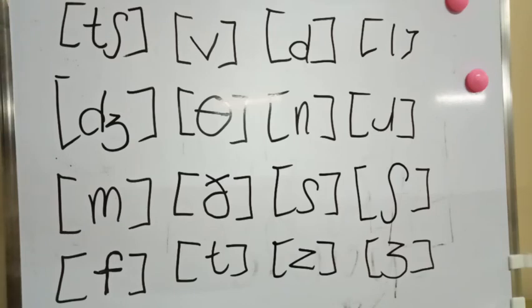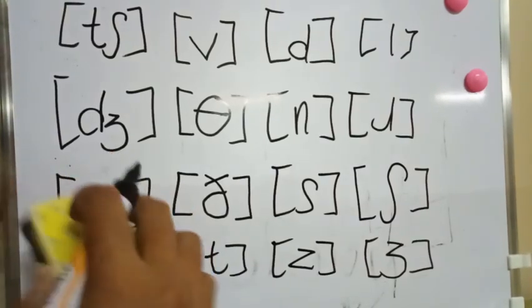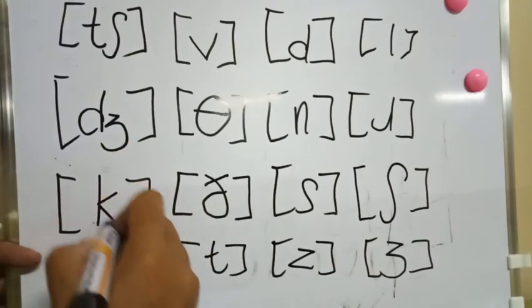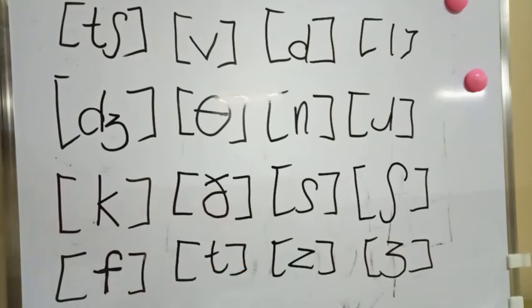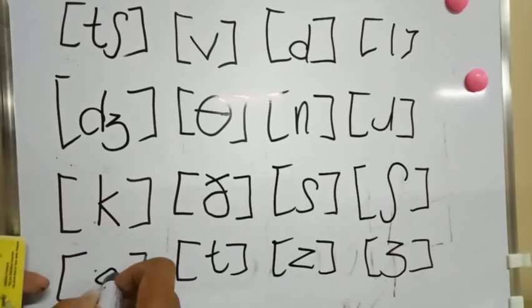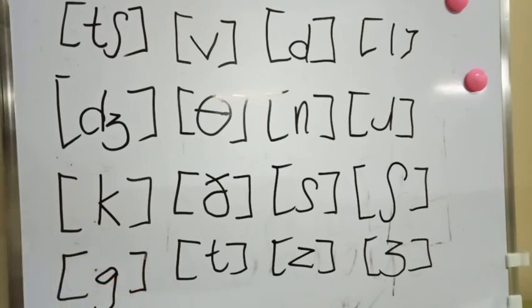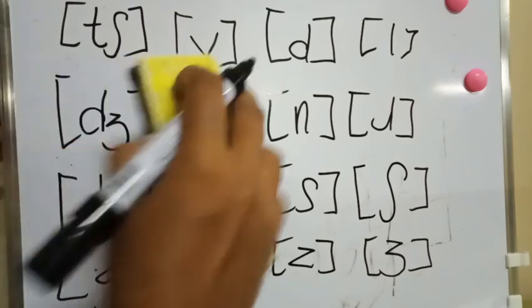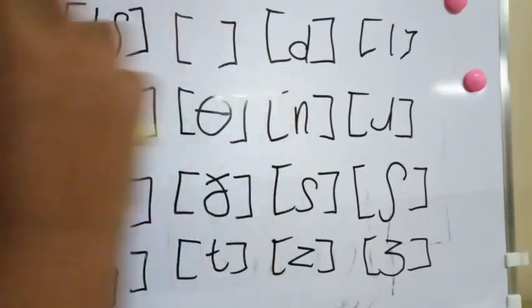Next, we have the symbol. It's a small letter K. So that's k. Then we have this symbol, which is pronounced as g, as when you say girl, bag, mugger. Then we have the next symbol.